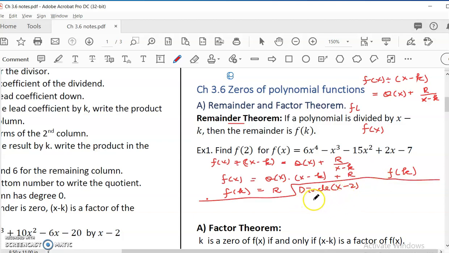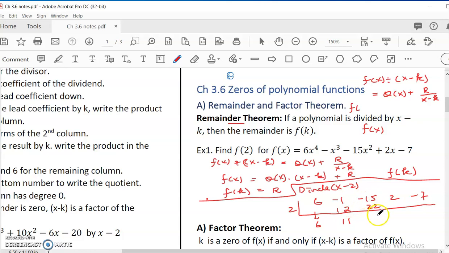So let's divide by x minus 2. I would have 6, negative 1, negative 15, 4, 3, 2, 1, 2, negative 7. I want to divide by x minus 2, so that would be 2. Bring down 6, so 2 times 6 is 12. 12 plus negative 1 is 11. Times 2 is 22.